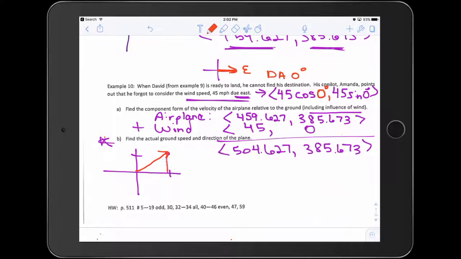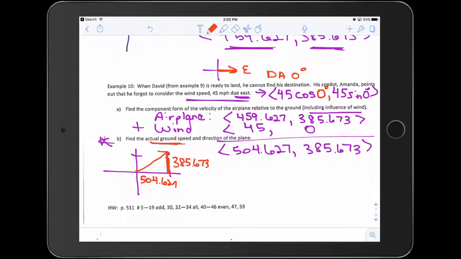So we always bring it down to the x-axis, and this is 504.627. This is 385.673. And now to find the actual ground speed, we want to find the magnitude. So we are going to find the magnitude of this vector.